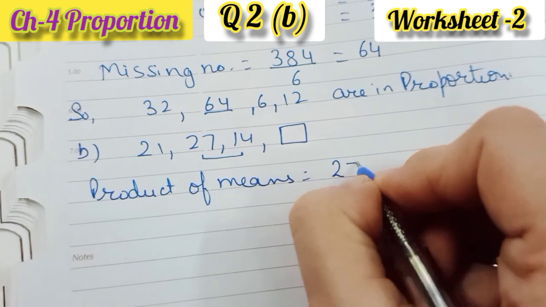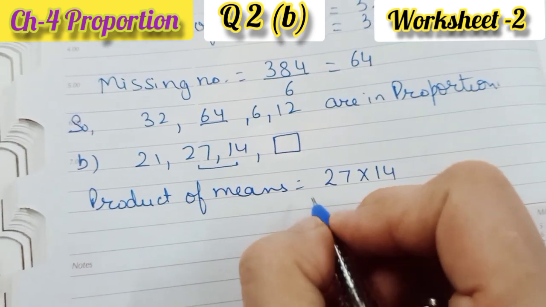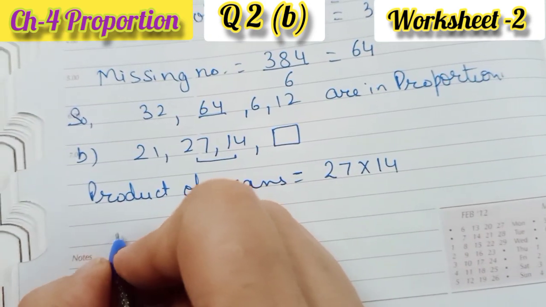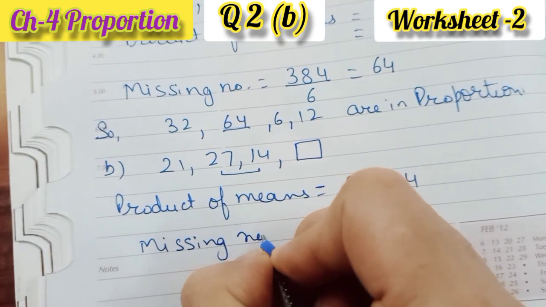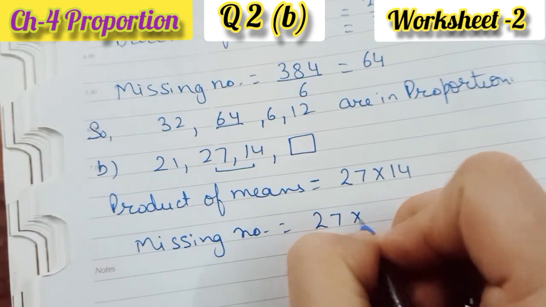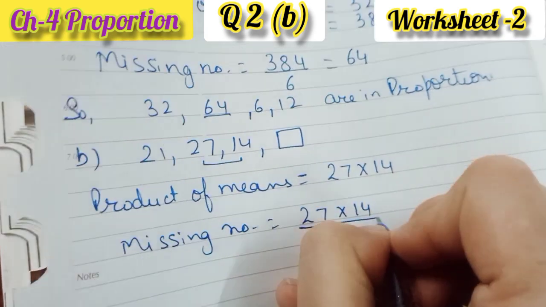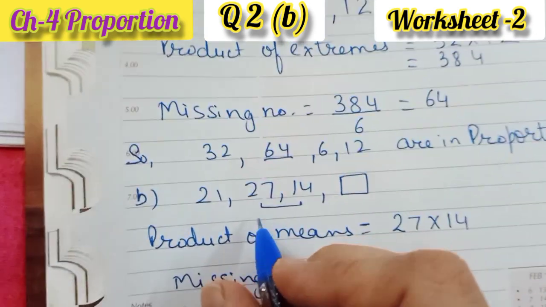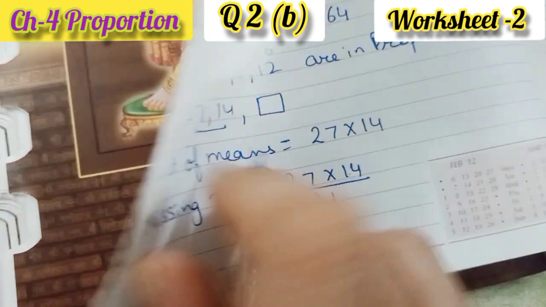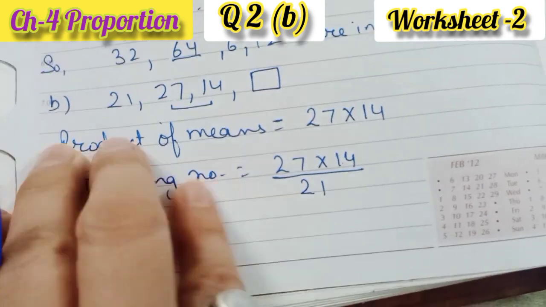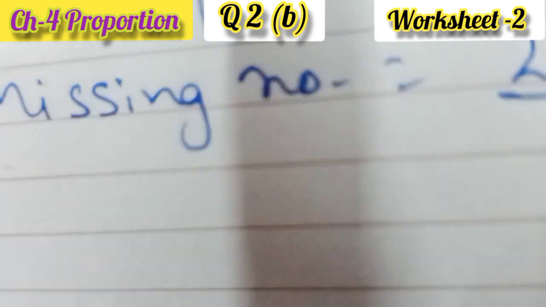Product of means is 27 into 14. Now find the missing number. To find the missing number, what you have to do? Divide the product of means by one of the extremes, because means are given, so divide by one of the extremes.